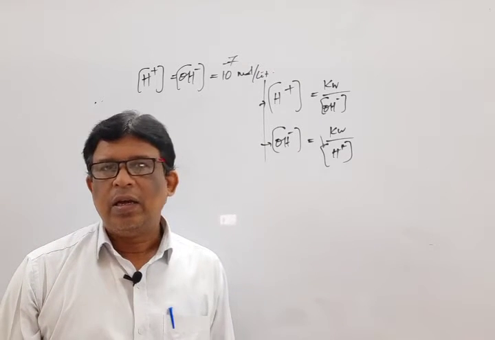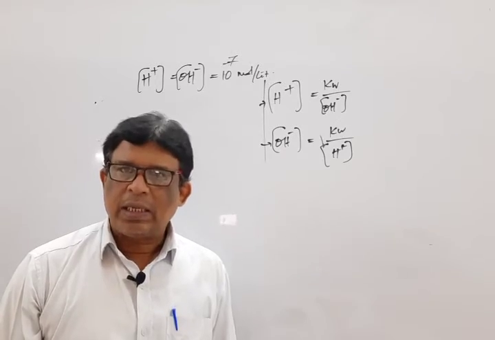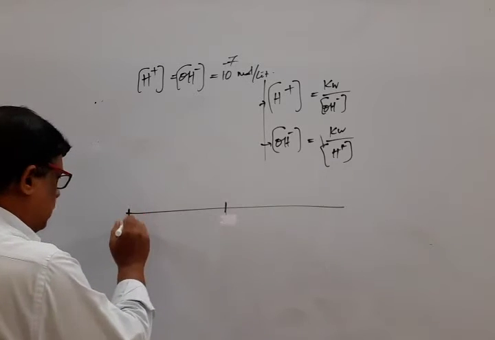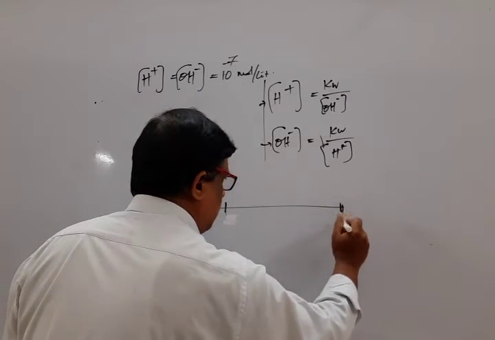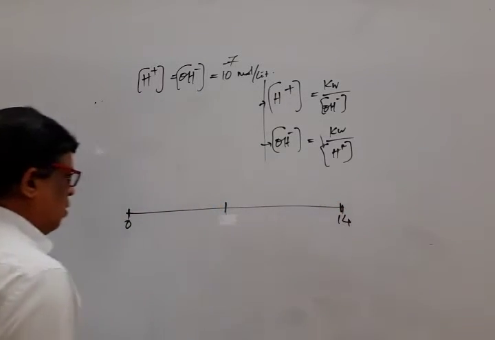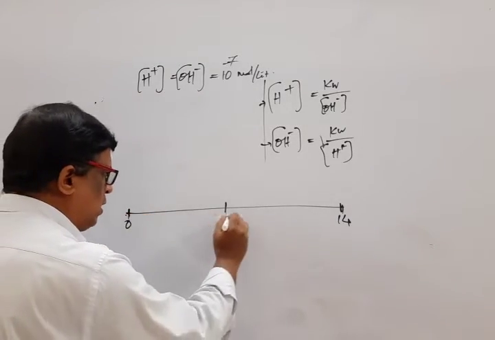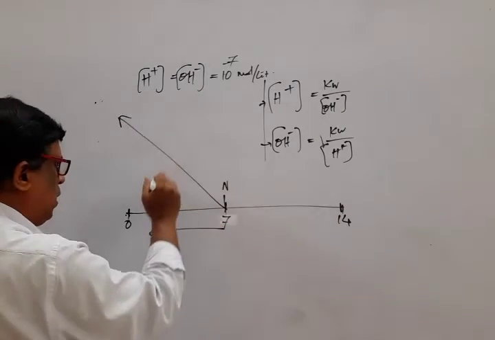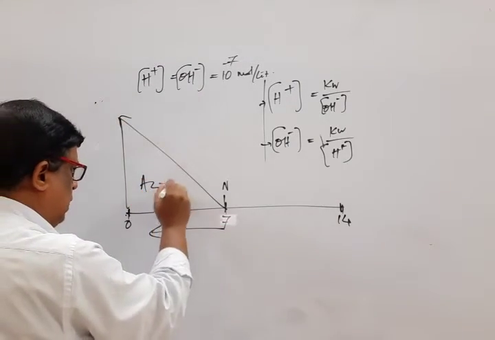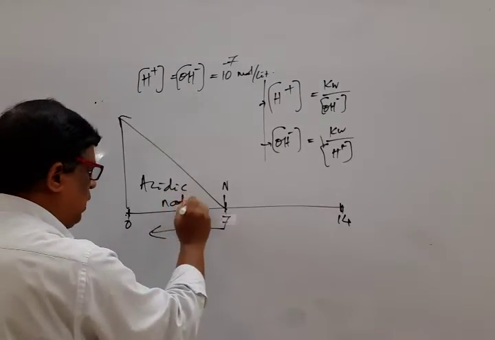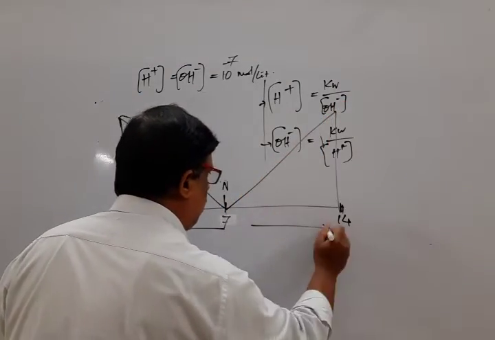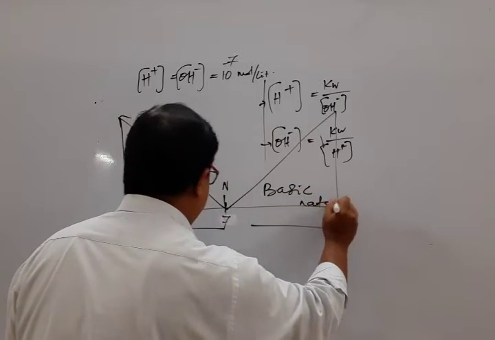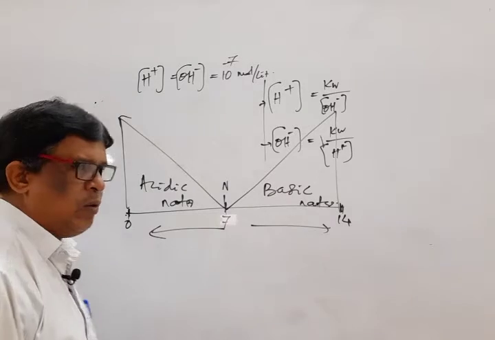Okay, then we come to the pH scale, which ranges from 0 to 14, and 7 is neutral. If it moves leftward, the acidic nature increases. If it moves forward, then basic nature increases. And 7 is neutral.